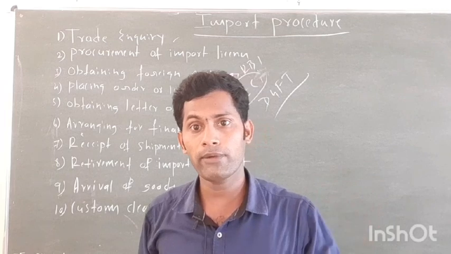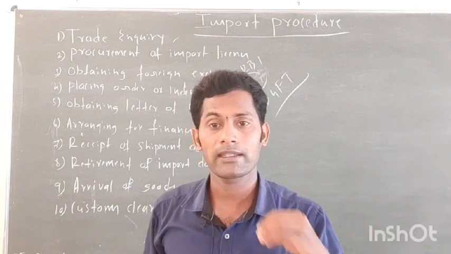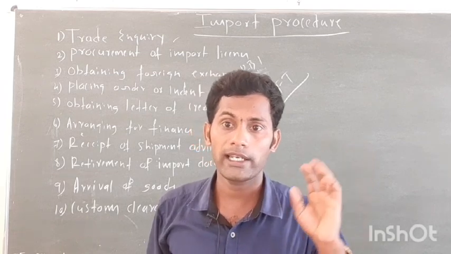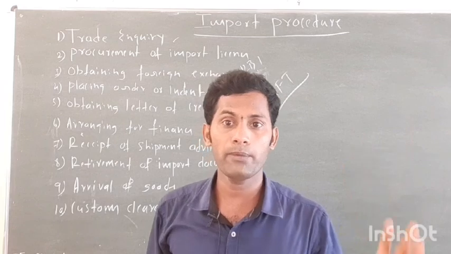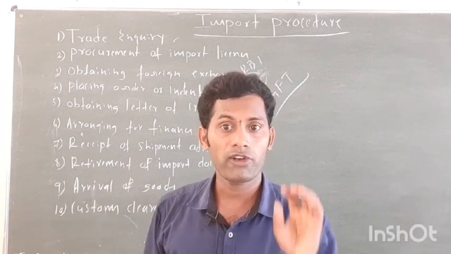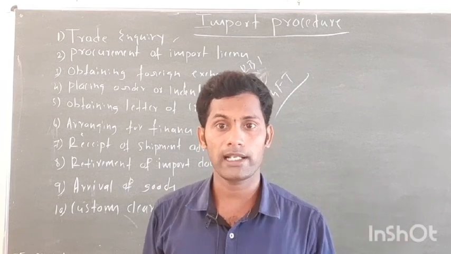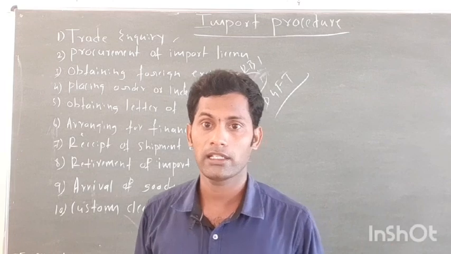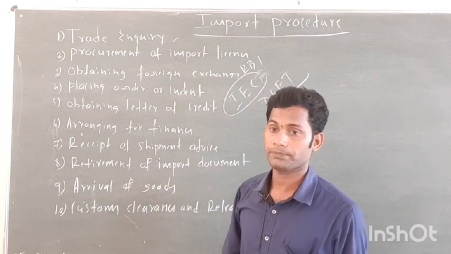For some specific products, there is no regulation and no legal restrictions. But for some products the importer must have an import license for importing the product. That is the reason for the procurement of import license.